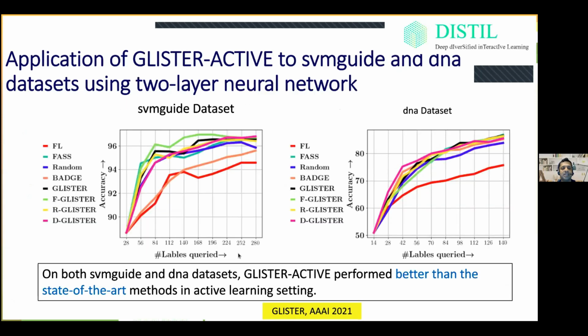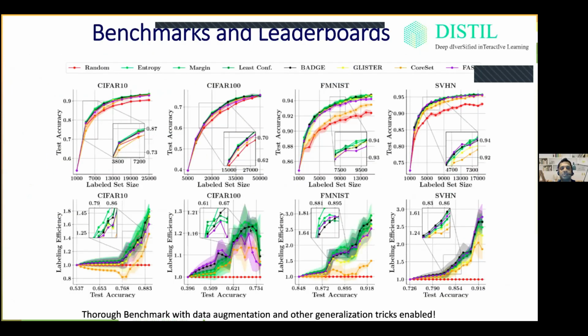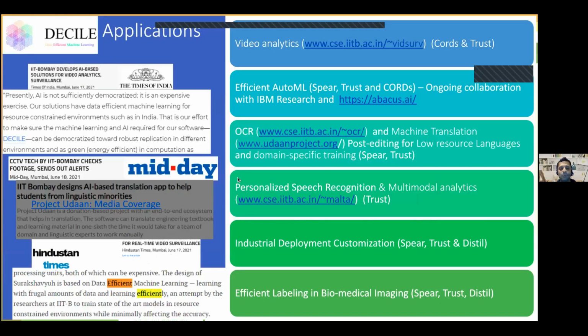Right, I'm going to skip all this in the interest of time, and a whole bunch of leaderboards have been set up. The most important thing is we've been able to make extensive use of our work in several applications, both at IIT Bombay and elsewhere. We've had award-winning works on video analytics for the Indian security agencies, where we have made extensive use of efficient, effective data subset selection.